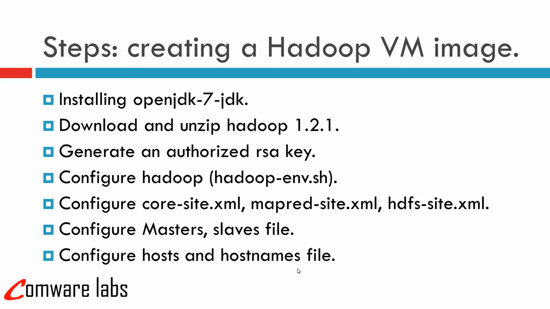So we're gonna install OpenJDK on it. We're gonna download and unzip Hadoop 1.2.1. We're gonna generate an RSA key and put it inside the authorized keys list. We're gonna configure Hadoop, which is editing the hadoop-env.sh file.